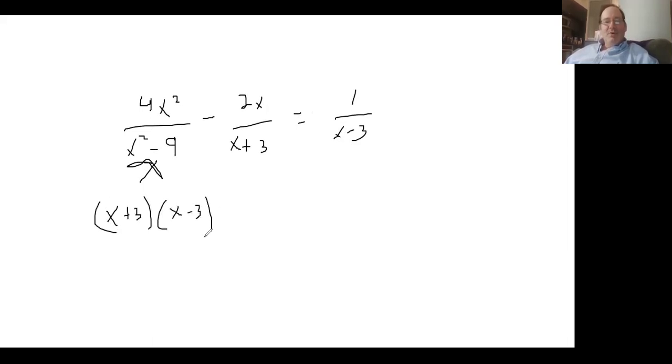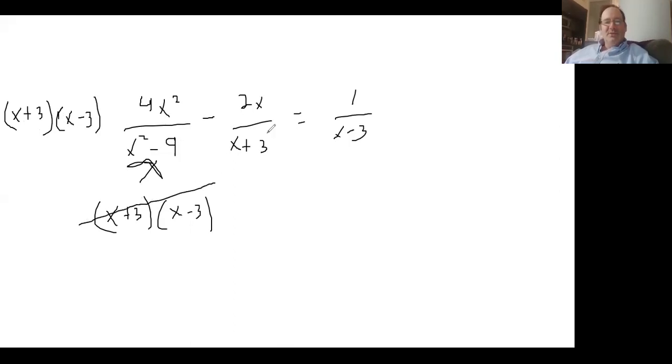Then I multiply every term by x plus 3 times x minus 3 to clear the denominators. I call this clearing denominators. As long as you multiply every term by the same thing, it doesn't change the equation. So in this first term, this whole thing cancels out.